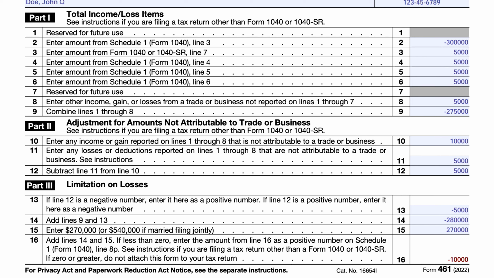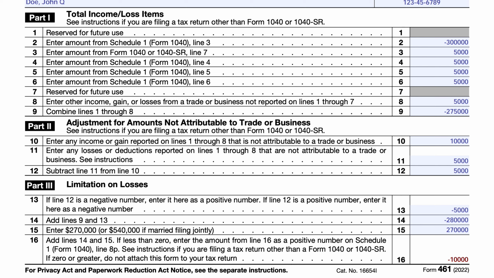Well, then you would have to complete IRS Form 6198 to determine your limitations based on the amount of capital that you put at risk versus the amount that you did not. After that, you would apply passive activity loss limitations, and in general, your passive activity losses are limited to gains from other passive activities. And then on top of that, you would apply the excess business loss limitation.